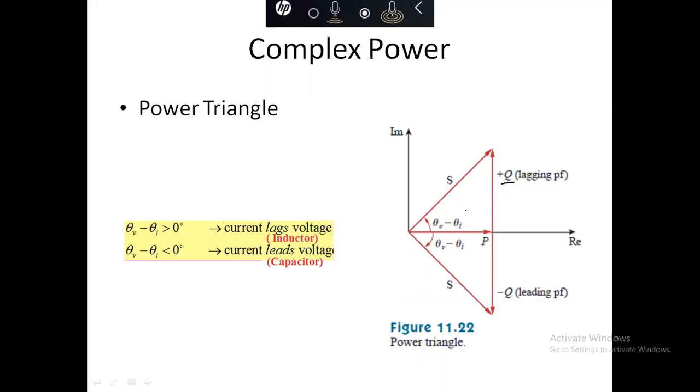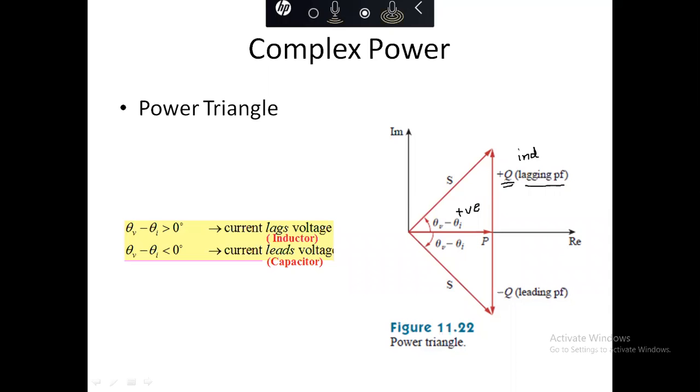The value of this angle is positive when the reactive power is also positive, and this positive sign means that the current is lagging the voltage, and that is the lagging power factor, and that means the inductive load.